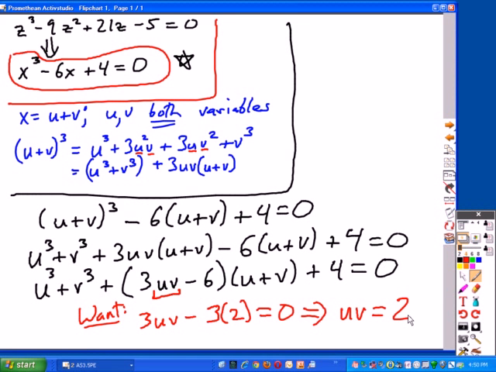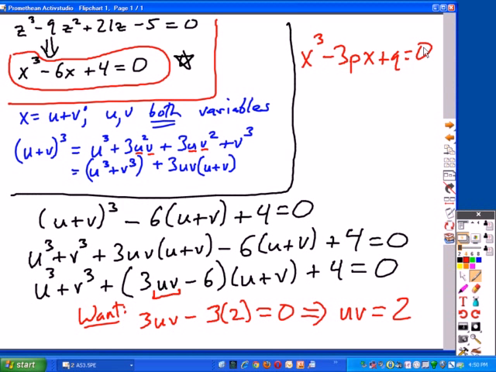So in general, what's got to happen is that 6, well, where is that coming from? In the previous lesson, I identified the depressed form of a cubic as being x cubed minus 3p times x plus q equals 0.